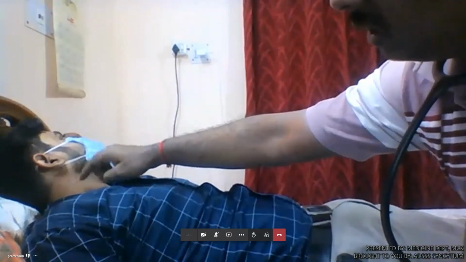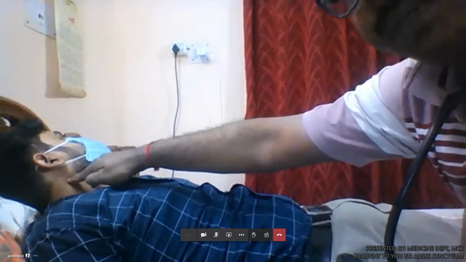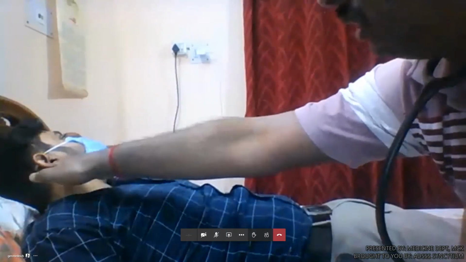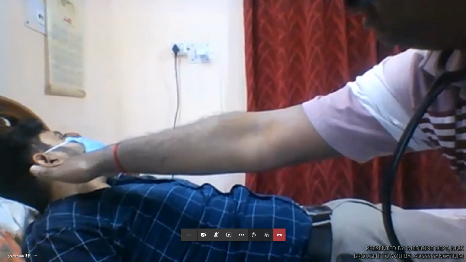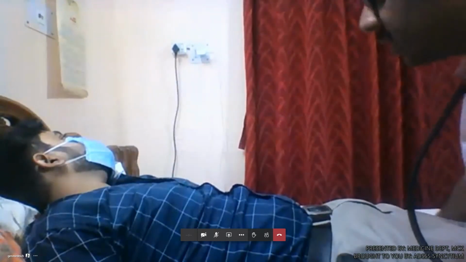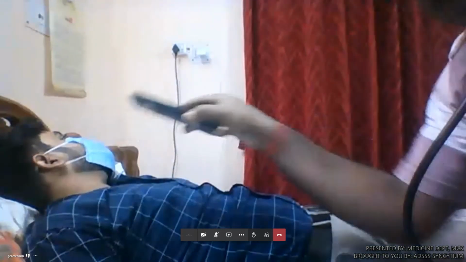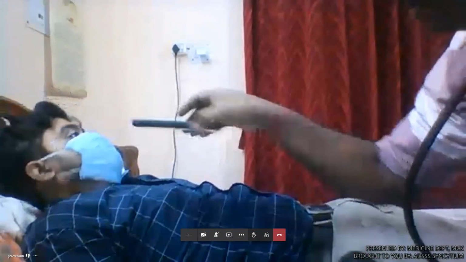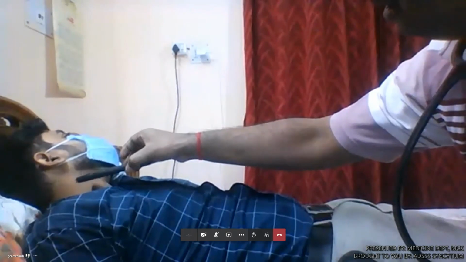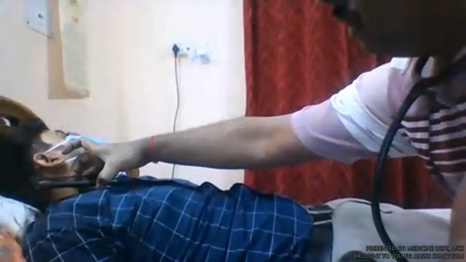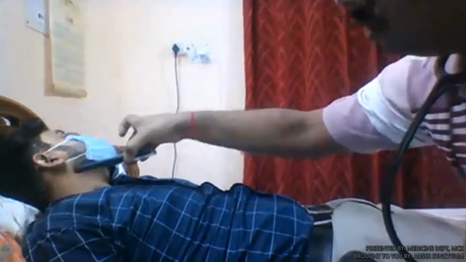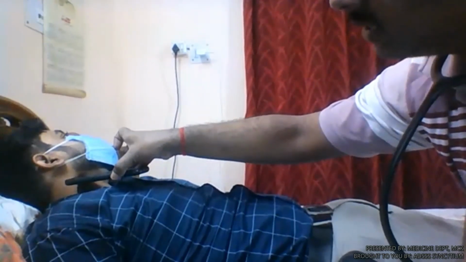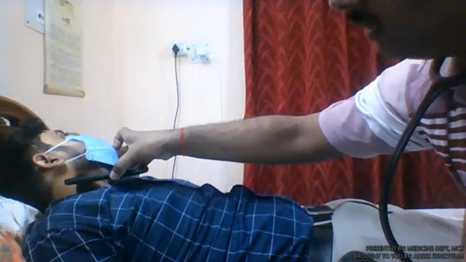First, check the upper limit of the venous pulsation. From there, you tangentially make a line with a postcard. Suppose this is a postcard and you get the upper limit of the jugular vein pulsation here. Horizontally you will place a postcard like this.